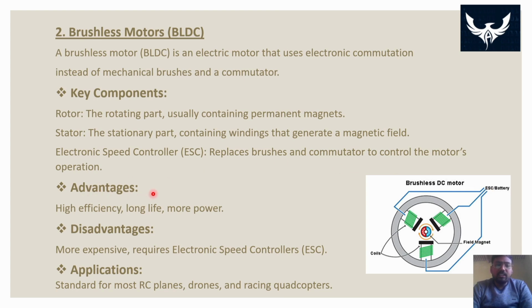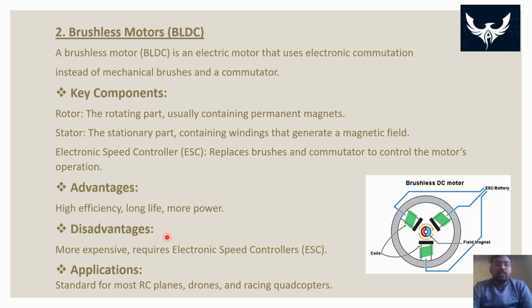Now, what are the advantages of brushless motors? They have higher efficiency than brushed motors, long life, and more power. And what are the disadvantages? They are quite expensive and require an ESC, electronic speed controller, instead of brushes and commutators.